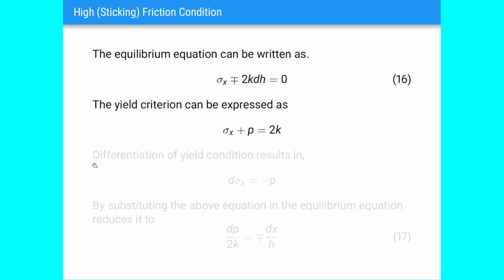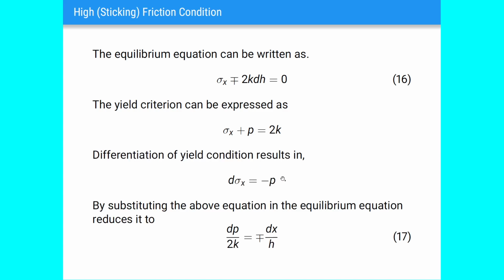Again, by differentiating the yield condition, we get d sigma x equal to minus dp, and by substituting these values in the equilibrium equation, it reduces to dp upon twice k equal to minus plus dx upon h.